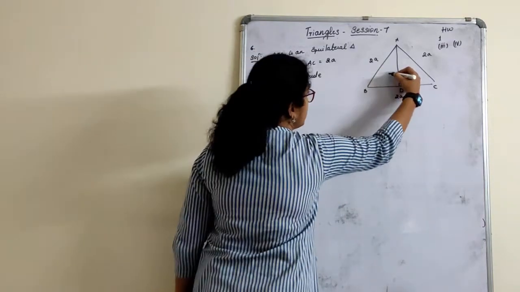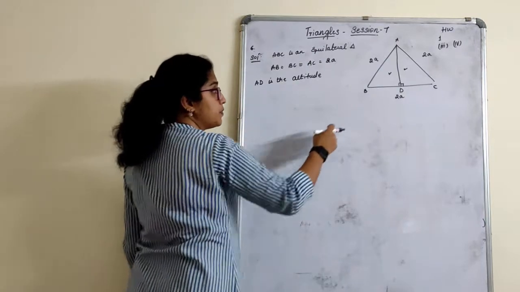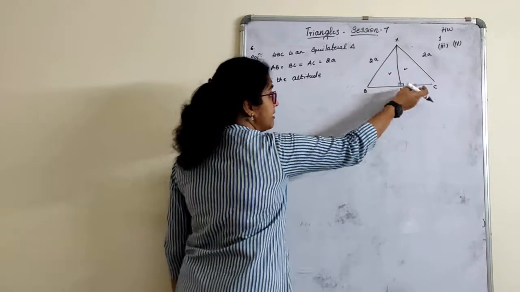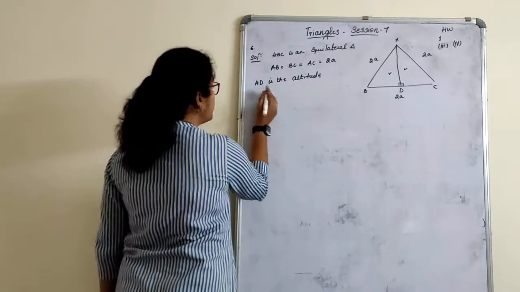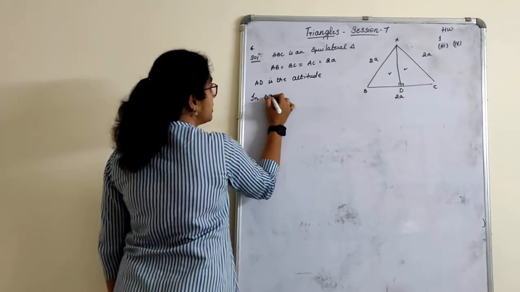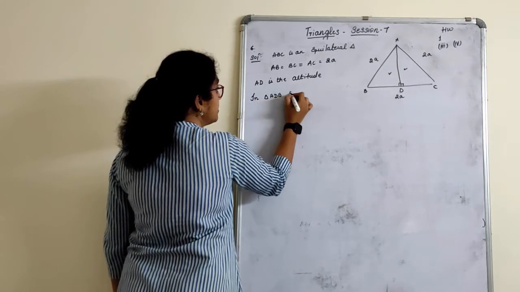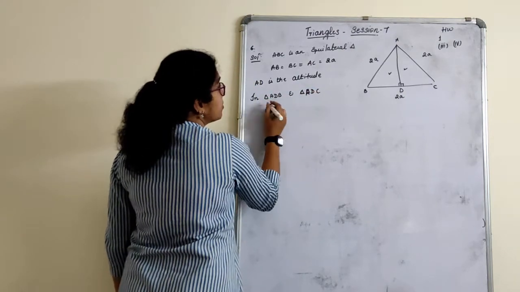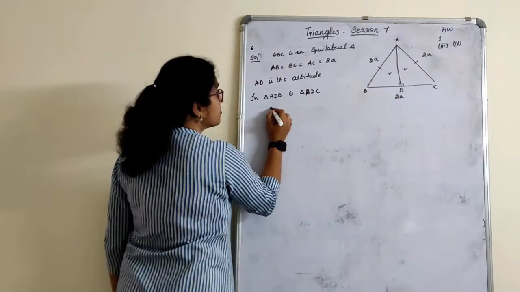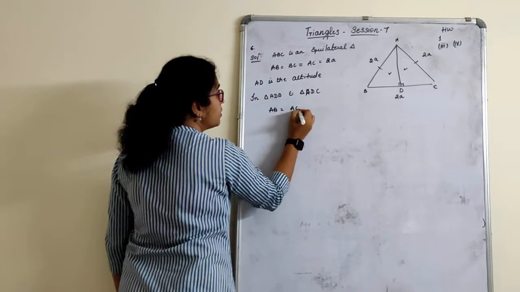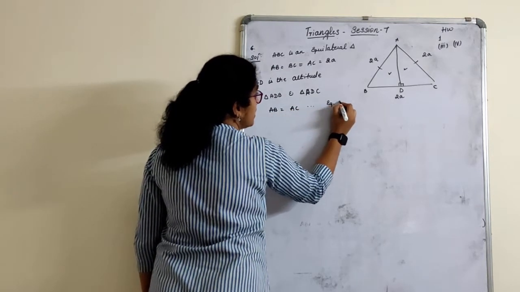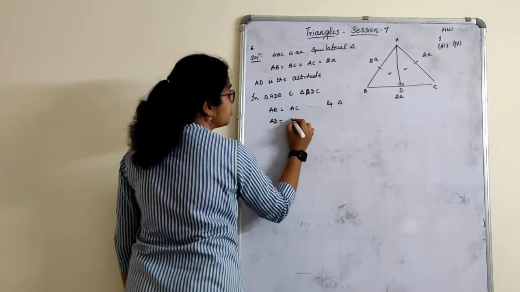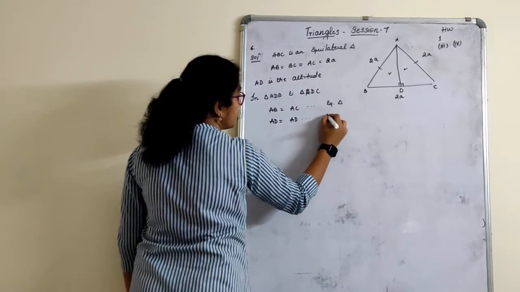So choose these 2 triangles and prove they are congruent, because it's an altitude. Though we know that when we draw an altitude in an equilateral triangle it divides equally, we still need to prove it. In triangle ADB and triangle ADC, AB is equal to AC, equilateral triangle, they are equal. AD is equal to AD, common side.